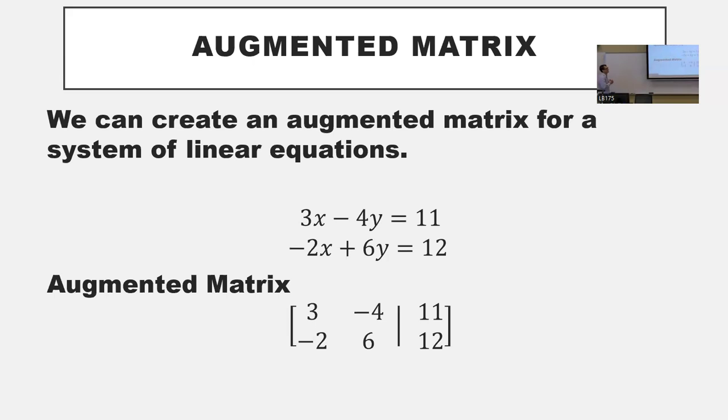So here's the structure of what we're going to do. We're going to take a system of linear equations, like ones we were dealing with in sections 9.1 and 9.2, and we're going to turn that system into a matrix. Specifically, an augmented matrix.